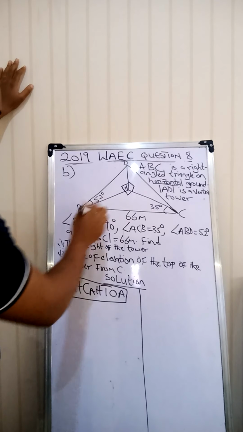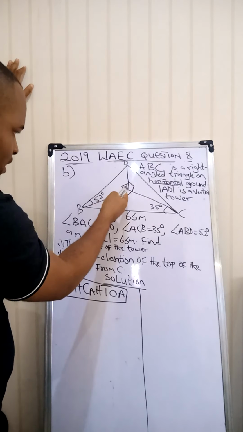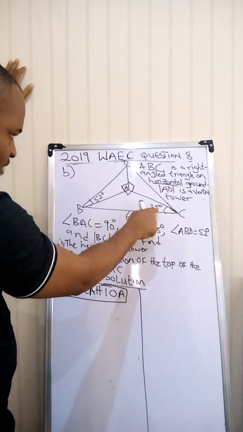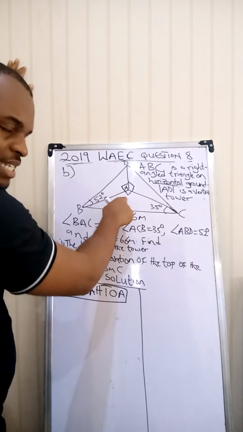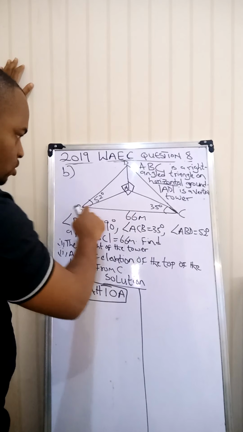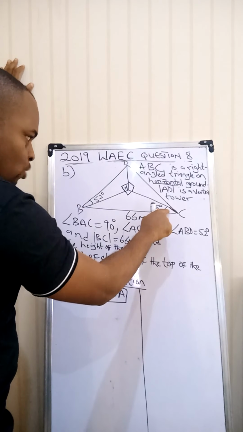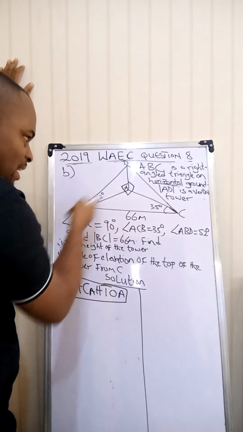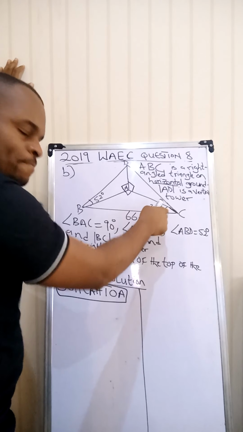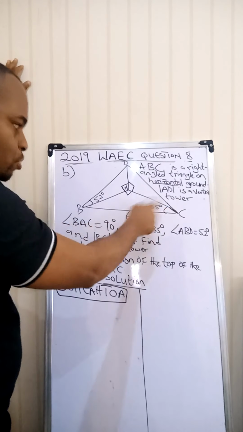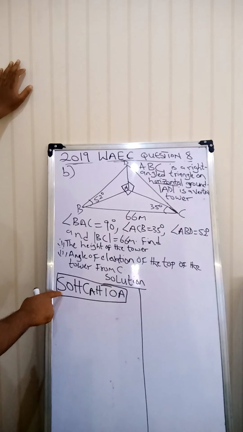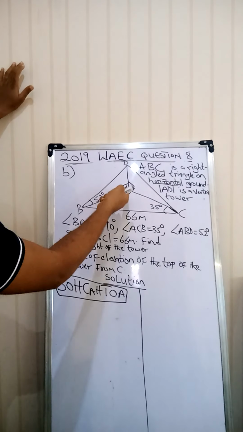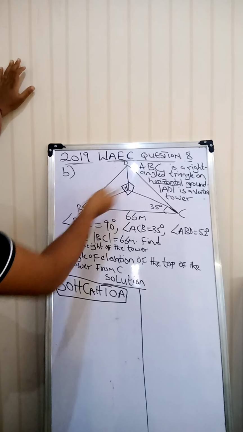Now quickly, to get this, I know that I need this angle. I'm given 35. The side facing the right angle is always your hypotenuse. So this is my hypotenuse. The line facing your given angle is your opposite. So opposite over hypotenuse from SOH CAH TOA is sine. So I can get this line here, line AB.